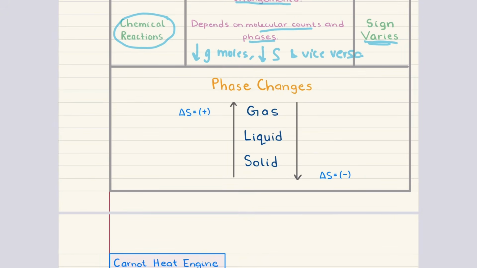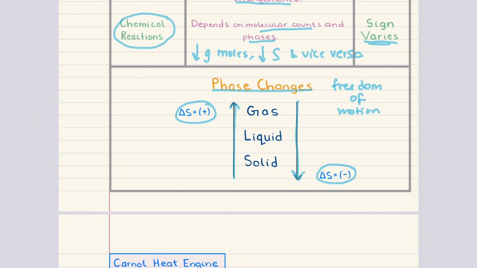Finally, we of course have phase changes. Here I want you to think in terms of freedom of motion. So if you move from solid to liquid to gas, that opens up more accessible configurations, so the system's entropy increases at each step. Moving in the reverse direction from gas to liquid to solid, that's going to remove configurational freedom.